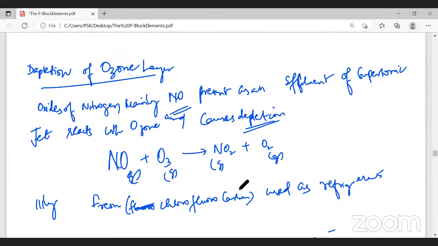So ozone depletion is mainly because of the oxides of nitrogen, among which nitric oxide, an effluent of supersonic jet airplanes, reacts with ozone and causes depletion. And chlorofluorocarbons, CFCs, freons, used as a refrigerant, are also a threat for depletion of ozone layer.